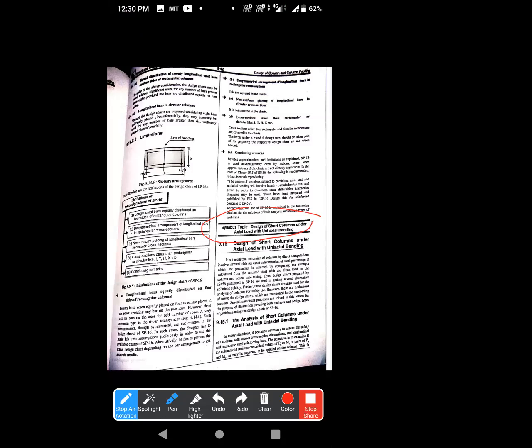You have to assume the percentage of steel you are going to provide. We have seen in the example you have to assume the percentage of steel from 1 to 5%. This is nothing but the trial basis.